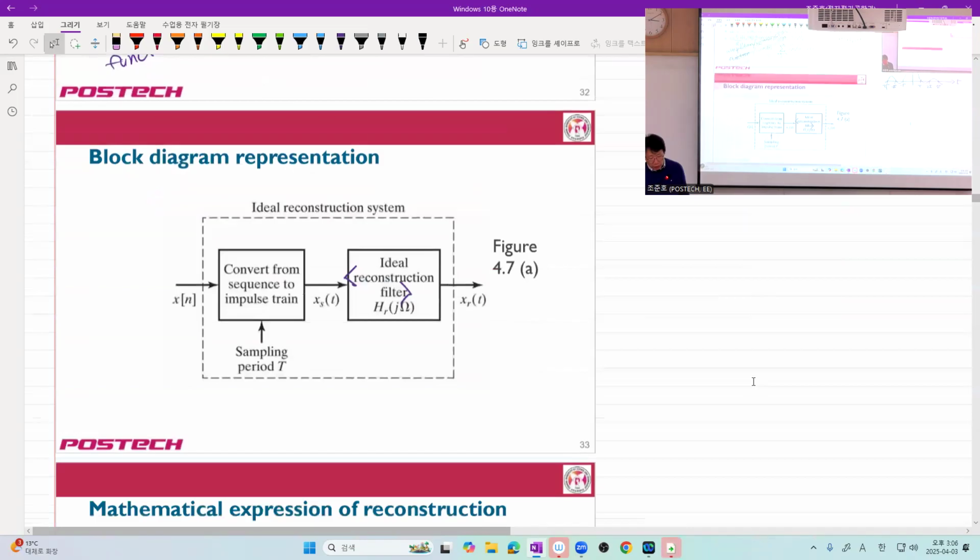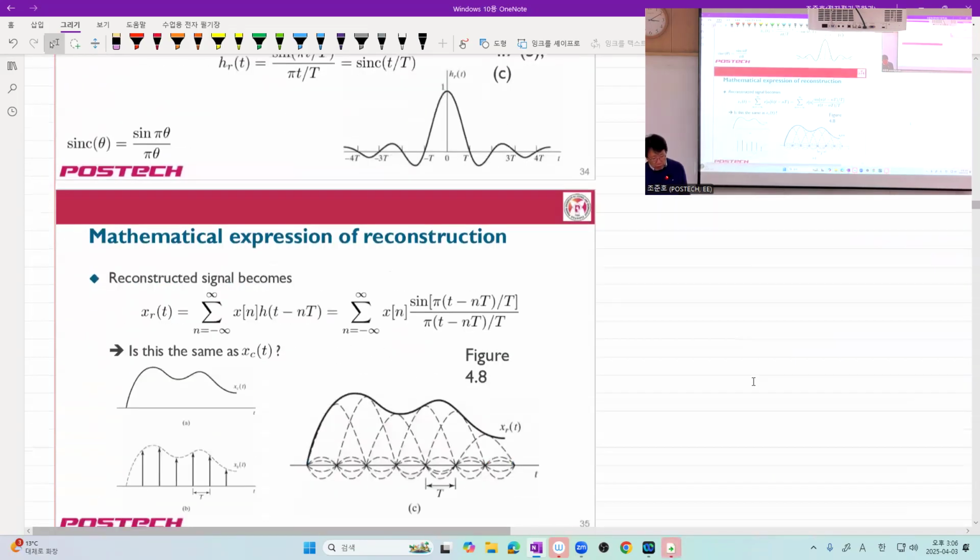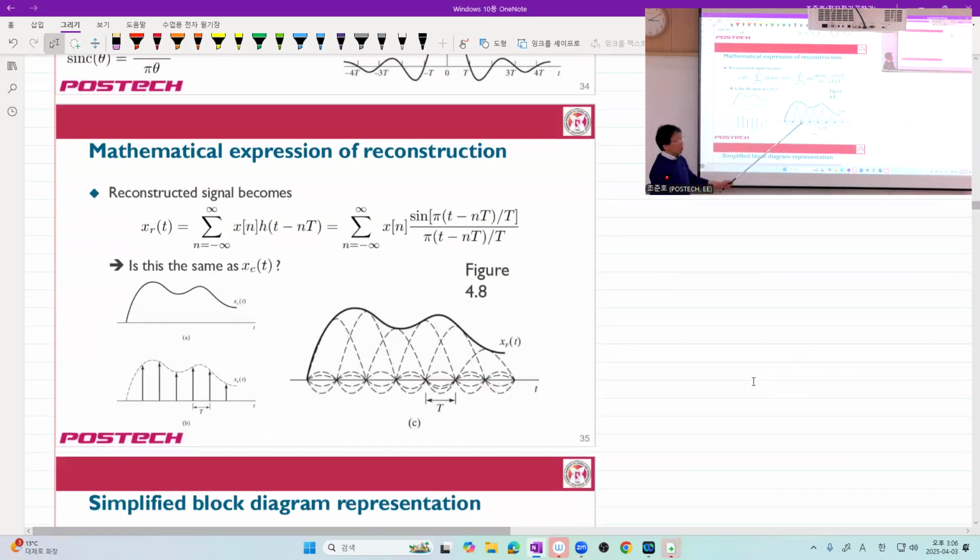So suppose this is 0 and this height is x of c of 0. And here at T, you have x c of 1 times T. Here, x c of 2 times T, and so on.